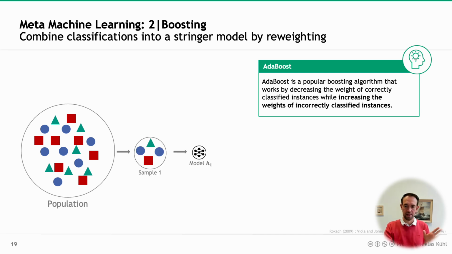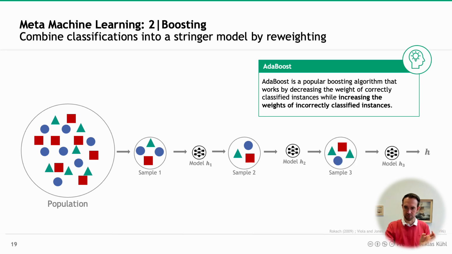So we have a model that is being trained, H1, then we train the second one and the third one and so on. And what we do now between those steps is we focus on the errors. So the boosting algorithms pay particular attention to training instances that were misclassified in the case of classification, or that had a higher error in case of regression in those previous rounds.